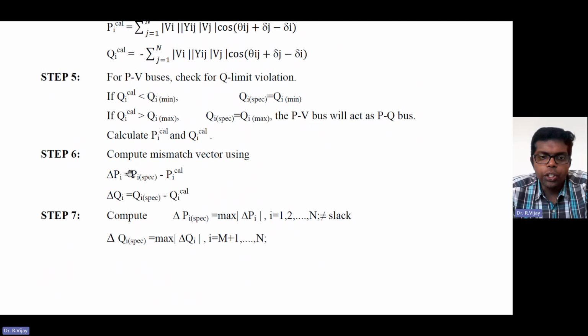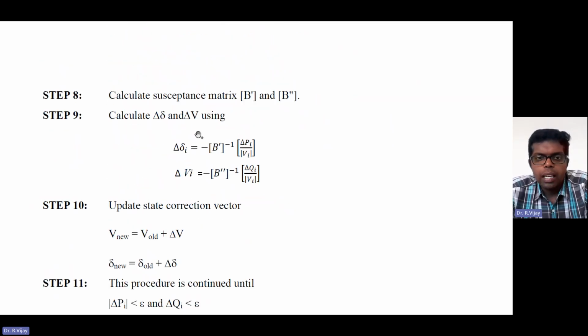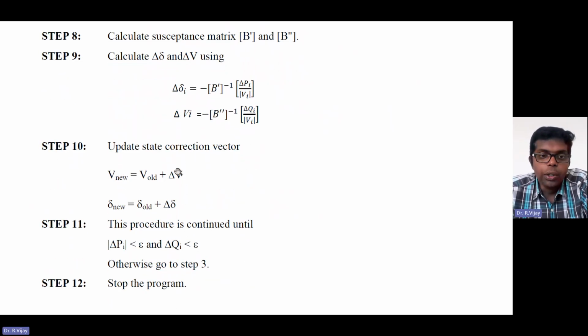Again, we need to calculate del P, change in the real power, change in the reactive power, and the specified value. Next, you need to calculate the susceptance matrix. Again, you need to calculate the change in the phase angle value and change in the voltage value. Then similarly, you need to continue the same. Next, you need to update the state correction vector.